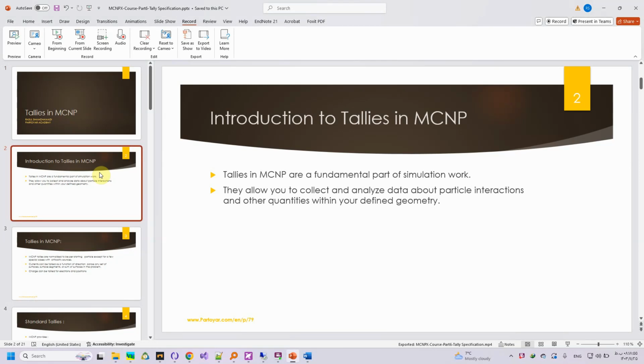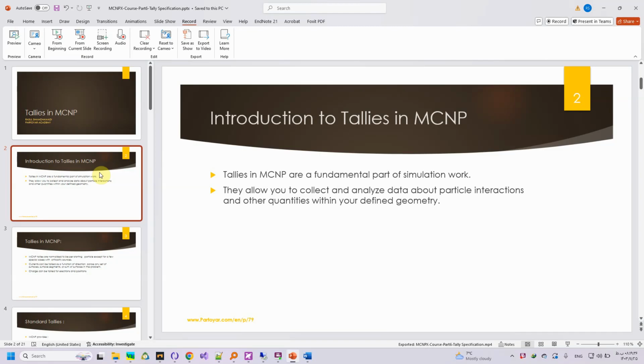In every system, when we collect different quantities together, we have a goal, and the goal is why we do that work. So in MCNP, when we create a geometry, materials, a source, and other parameters, we want to reach a goal. And the goal is the parameter that we want to earn.